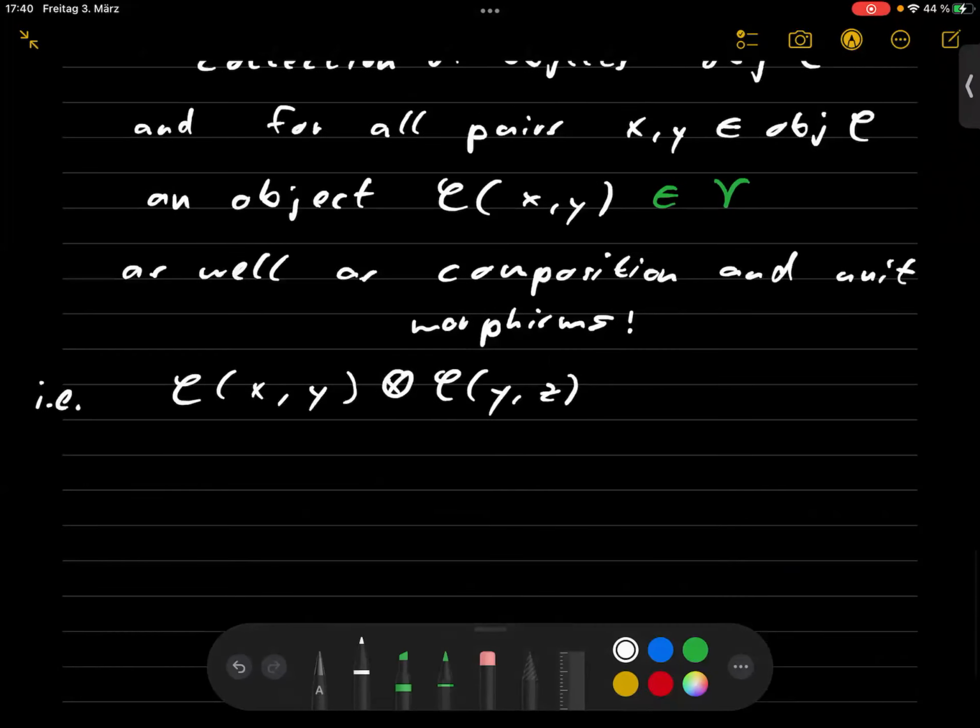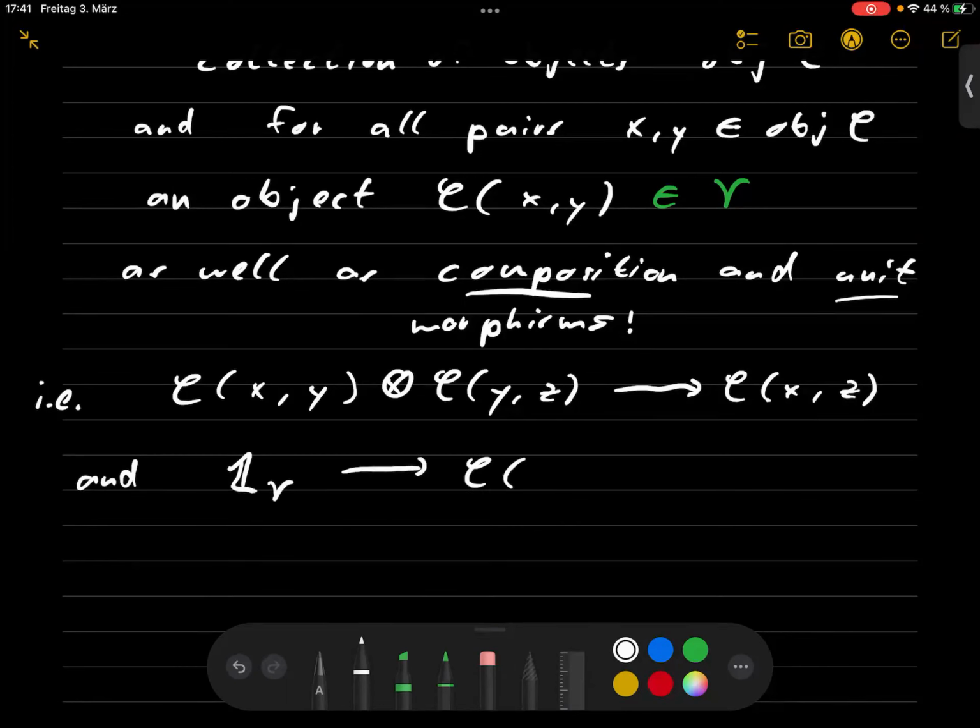And then there should be these morphisms that compose C(X,Y) times C(Y,Z) to C(X,Z). And the unit part is always an identity object in V, and there should be a morphism that goes to C(X,X). And this is true for all X, Y, Z.